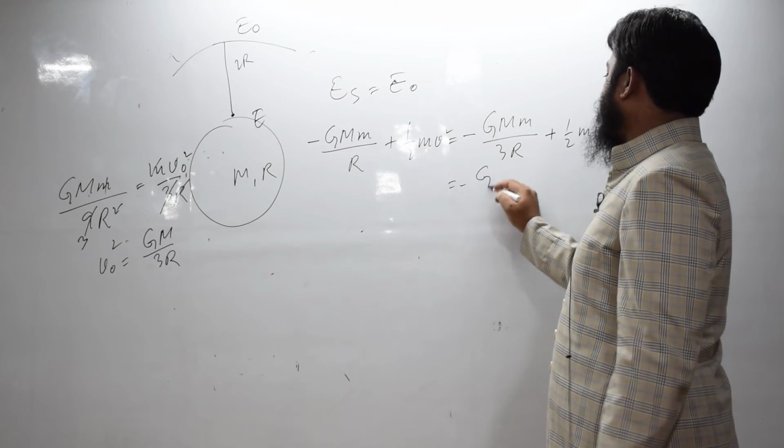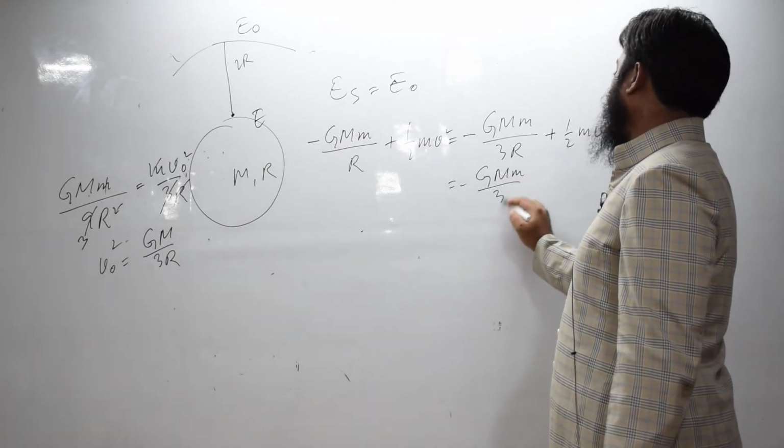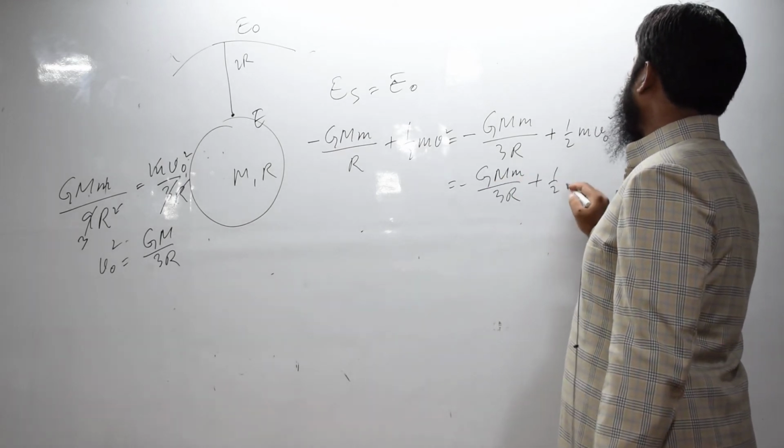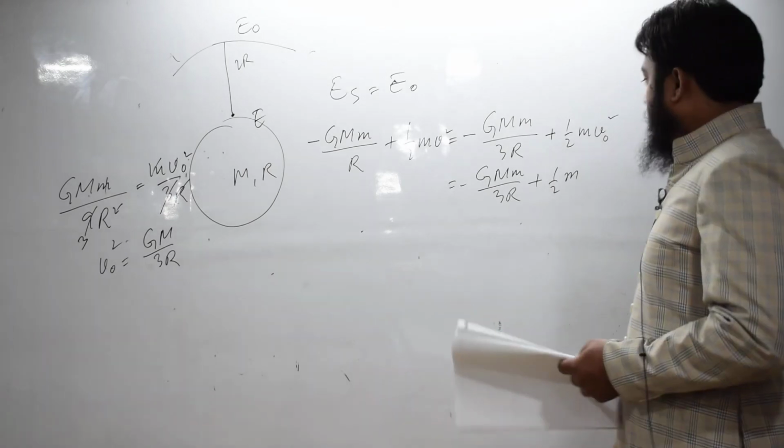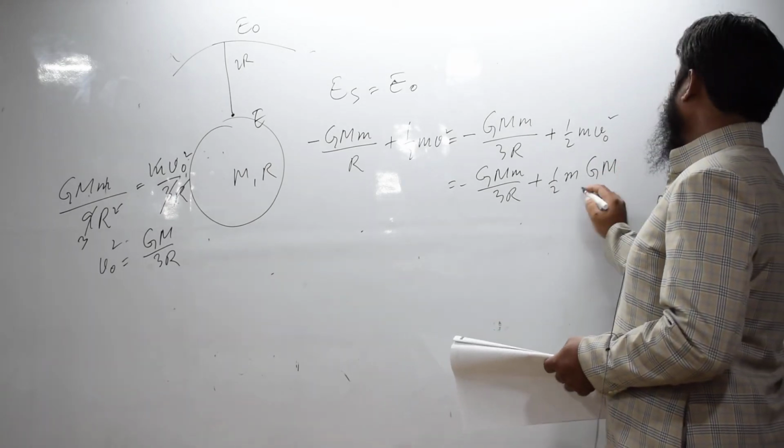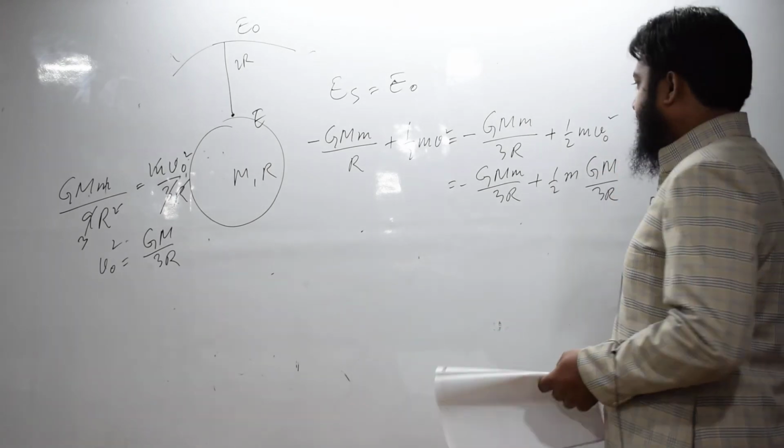So, this is minus G capital M small m upon 3R plus half times small m and then G capital M upon 3R.